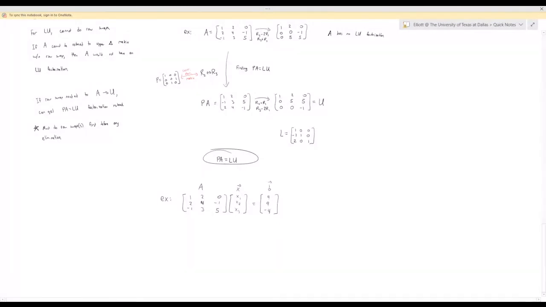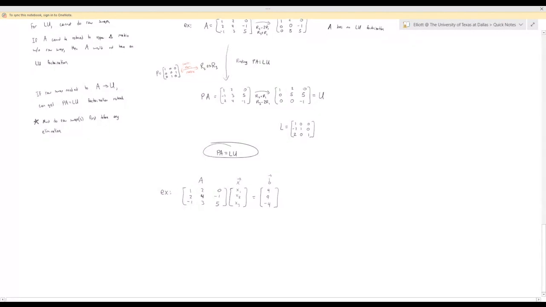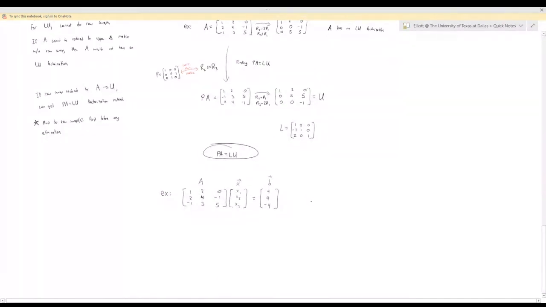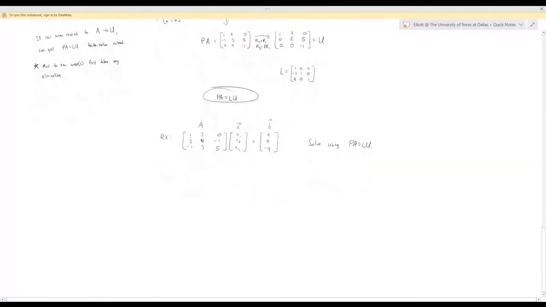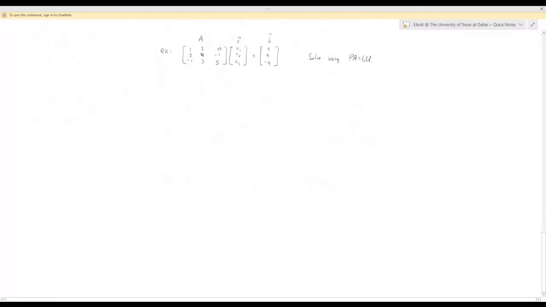So if we want to solve this system of equations, we can solve this by using the PA equals LU decomposition that we found previously. This is going to be very similar to what we did before, where we do this forward substitution, backward substitution trick to solve the system.